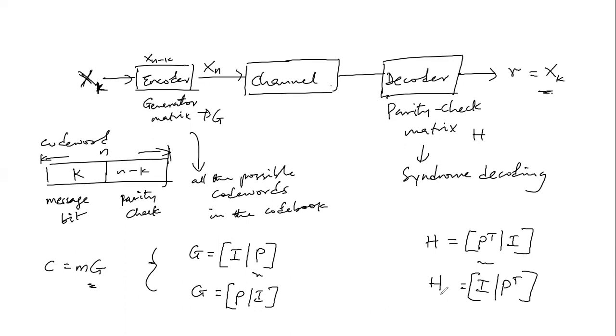Okay? Now, once this is done, you now see that for the syndrome, we now have to multiply the received symbol with the transpose of the parity check matrix.